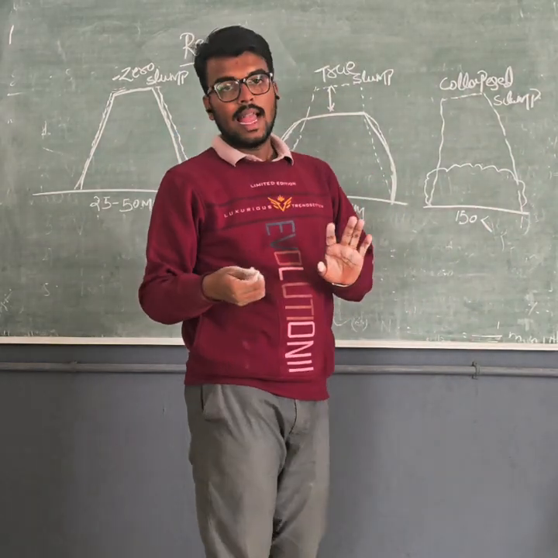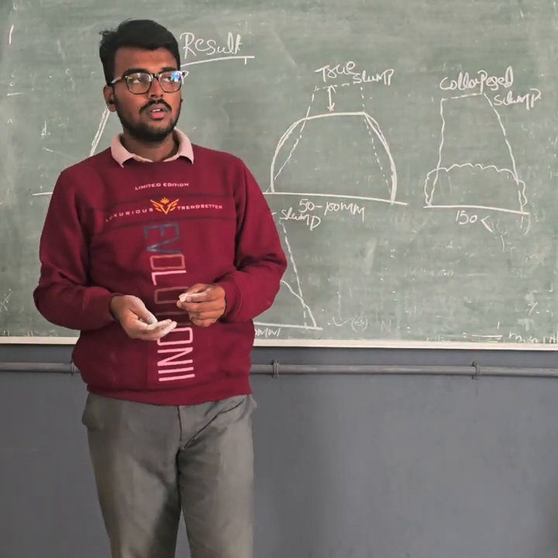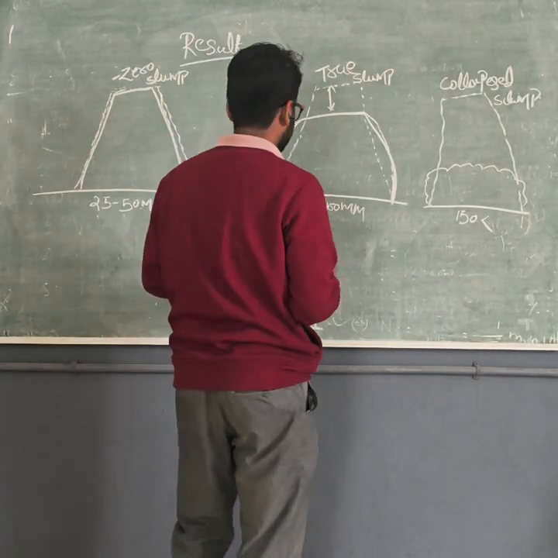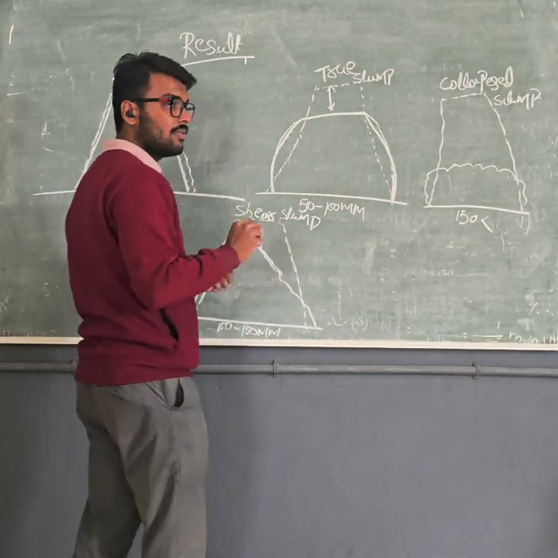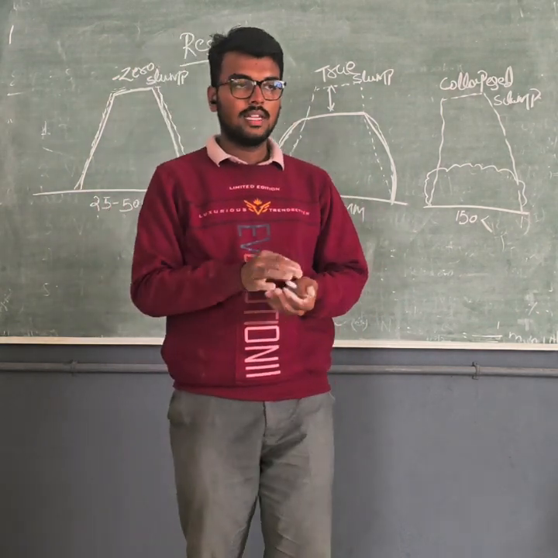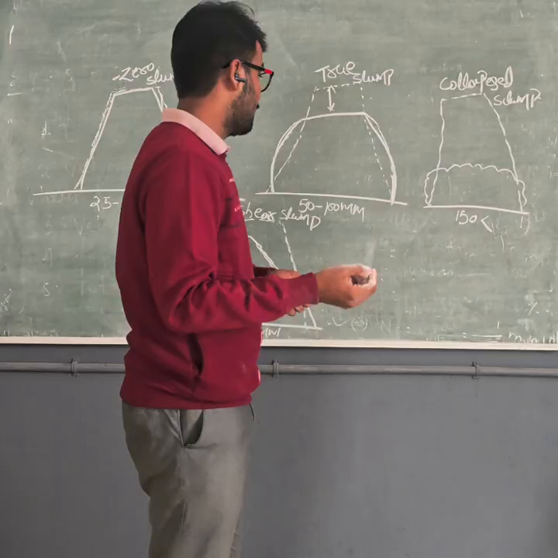There are four types of slump value we find after the slump cone test. Every type of slump specimen has different uses, for different kinds of works.